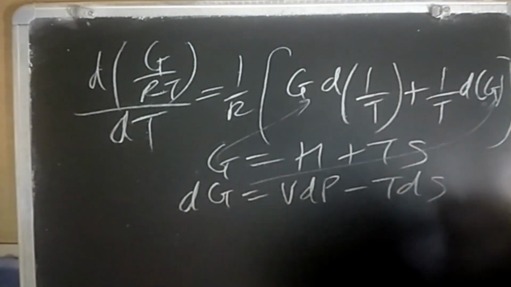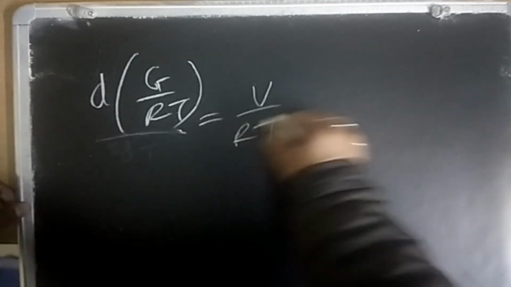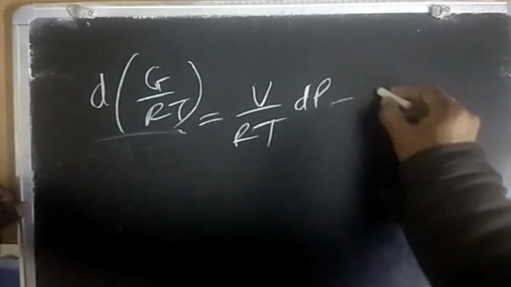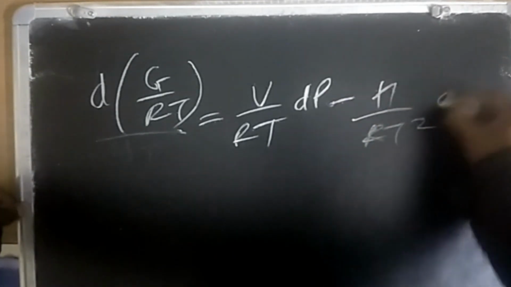Putting these two, we finally get this thing, that d(G by RT) is equal to V by RT dP minus H by RT square into dT.